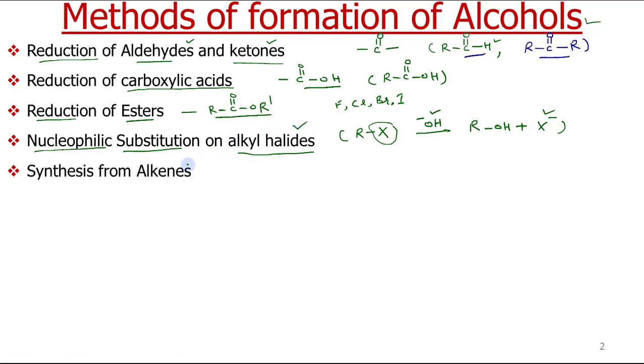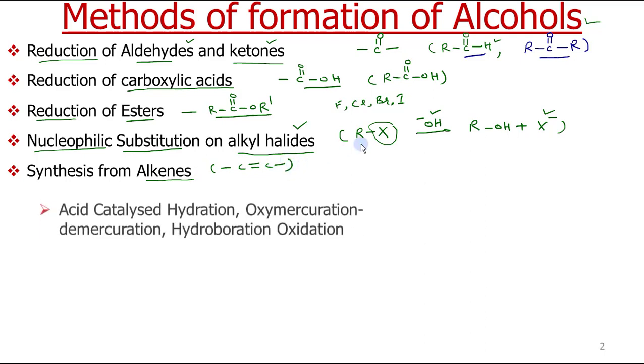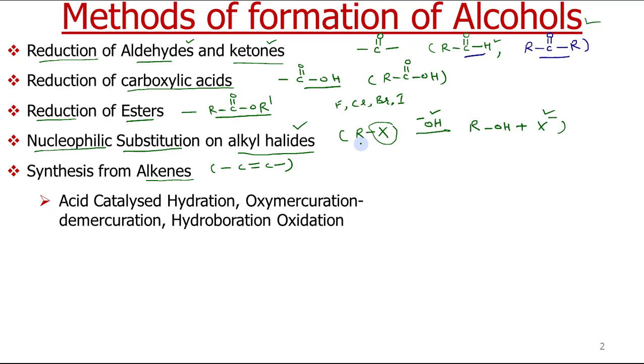Next method is we can synthesize alcohols from alkenes. Alkenes are those compounds which contain C double bond C, unsaturated hydrocarbons. There are various methods that you have studied in your lower classes, like acid catalyzed hydration. Hydration means addition of water. So if we add C double bond C plus water in the presence of some acid, this is called acid catalyzed.